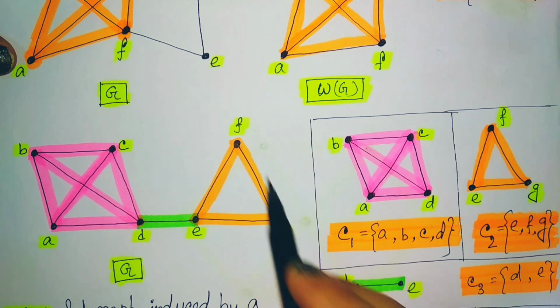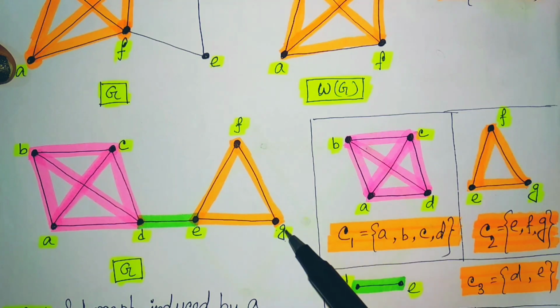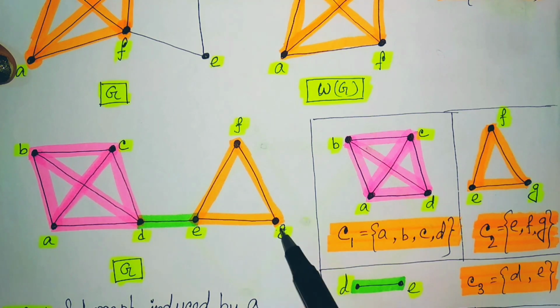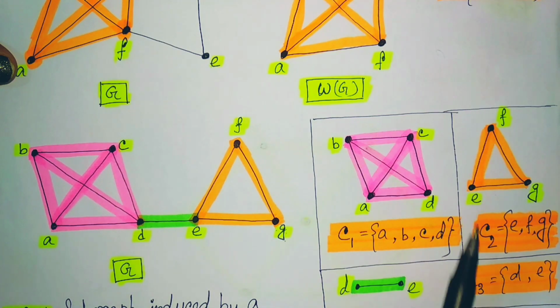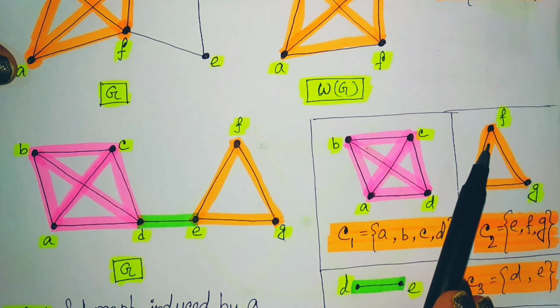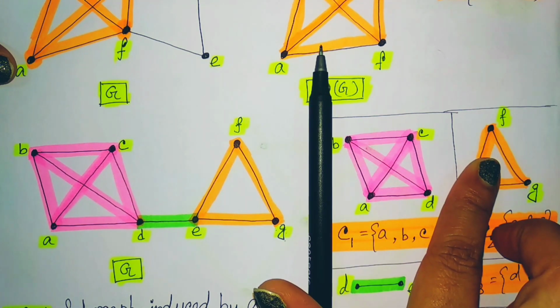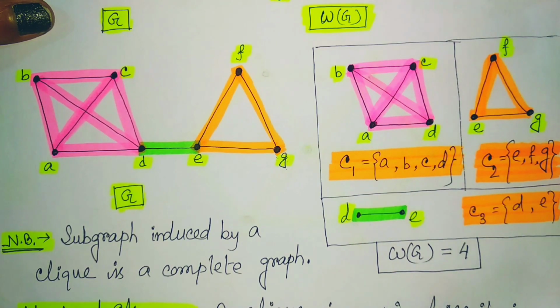If we consider FG as a clique, then what happens? If we consider the subgraph containing only the vertices F and G, then definitely it is a subgraph and a clique, but it is not a maximal clique, because if we consider E, F, G as the subgraph, then FG becomes a subset of it. So FG is a clique, but not a maximal clique because it is a proper subgraph of another clique.